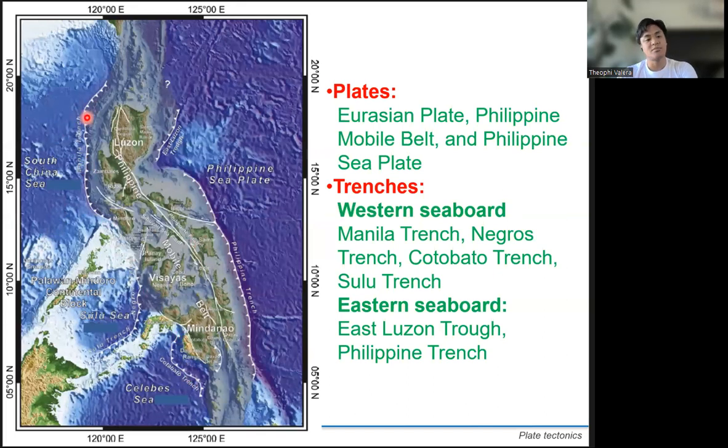The South China Sea subducts beneath the PMB, Philippine Mobile Belt, along the Manila Trench. The Sulu Sea subducts beneath the Philippine Mobile Belt along the Negros and Sulu trenches. And then the Celebes Sea subducts along the Cotabato Trench. Please remember all these elements. Okay? Memorize these elements.